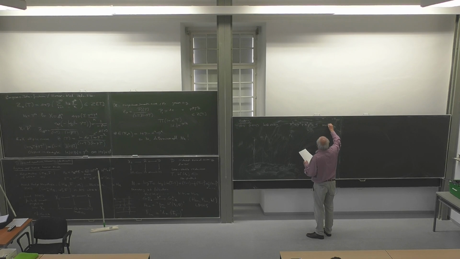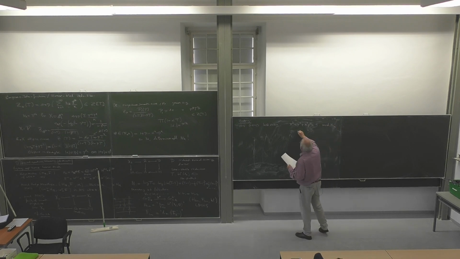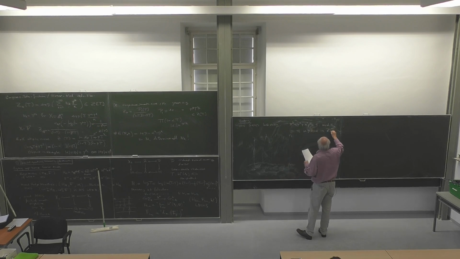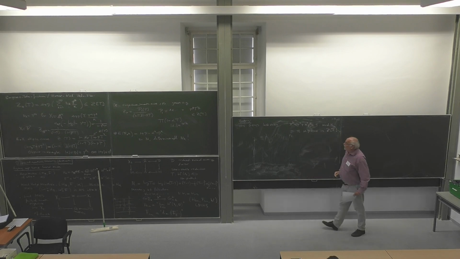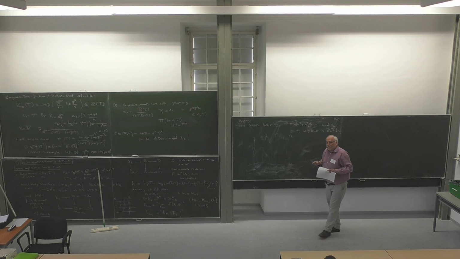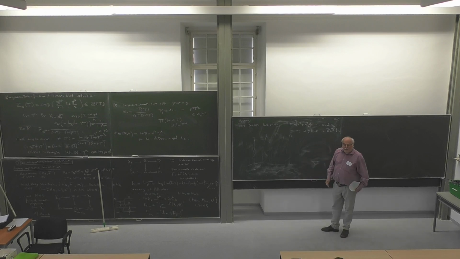So he computes mod pi, where pi is a prime in Z[i], in the Gaussian integers. Look at this equation. Well, this is in fact the lemniscate. You know that Gauss invented everything about elliptic functions and attached to the lemniscate.